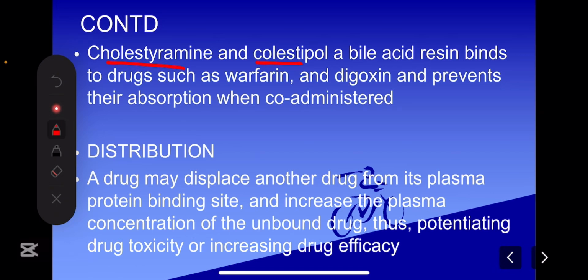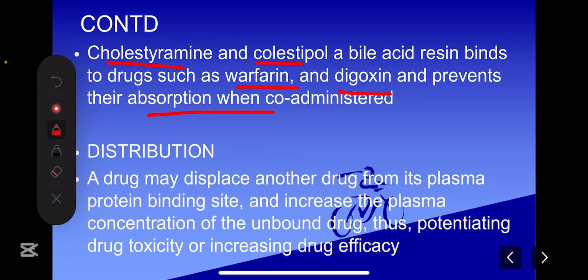Cholestyramine can actually prevent the absorption of some drugs like warfarin and digoxin. When they are administered together, they prevent the what now? The absorption. Cholestyramine can prevent or reduce the absorption of warfarin and digoxin by binding to them.